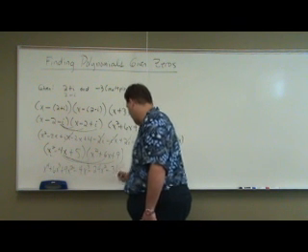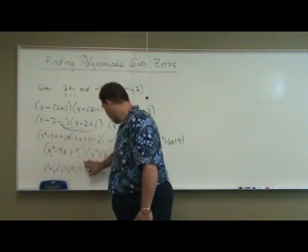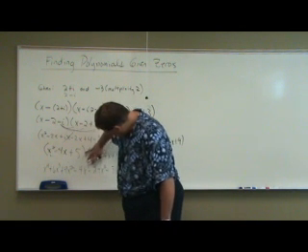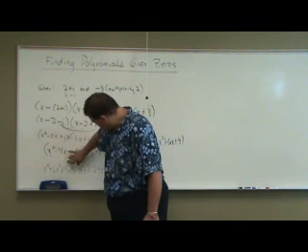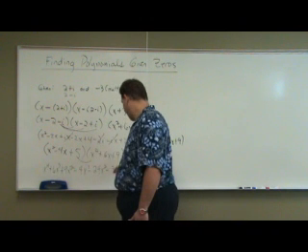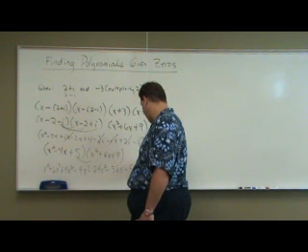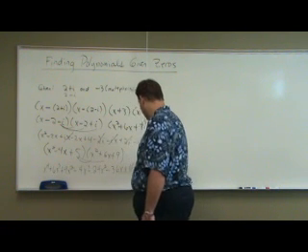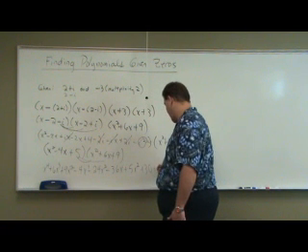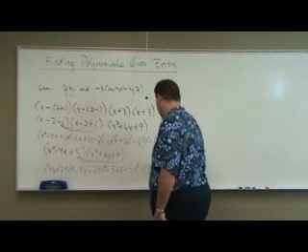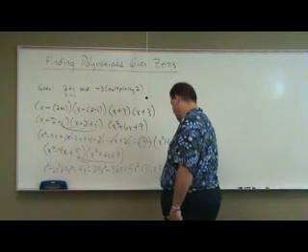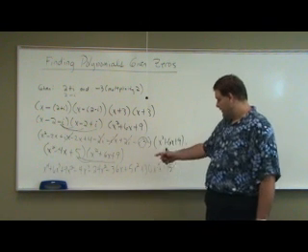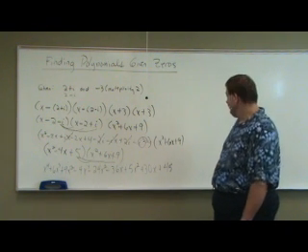Minus 36x. Then we go to the last one. 5x squared plus 30x plus 45. So that's it. Well, combine like terms.